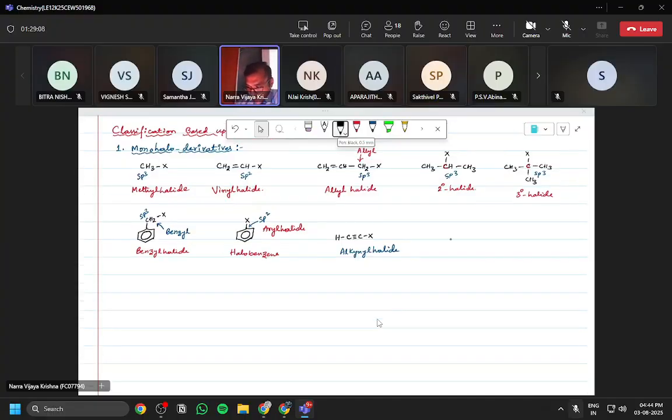From the last carbon, if the second carbon has a methyl group, then we call this group iso. Right? Now, if you have a halogen here, so I call it isopropyl halide.